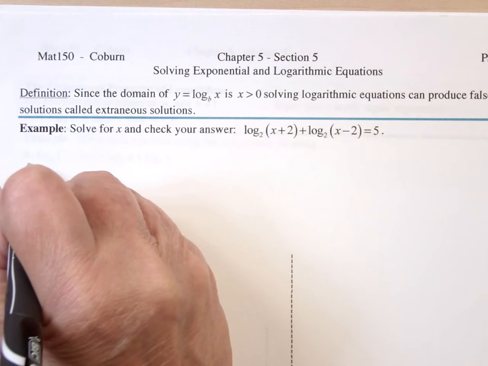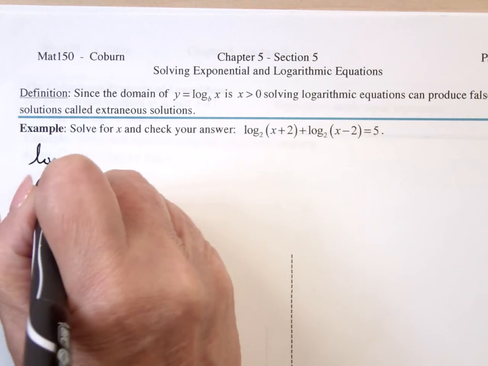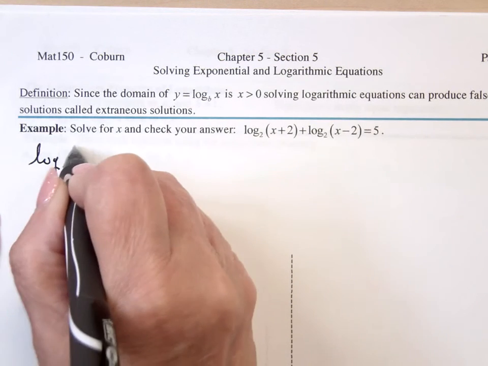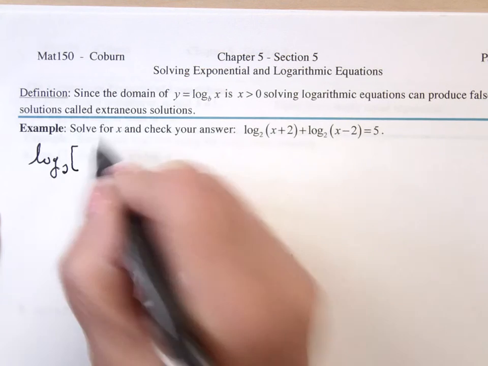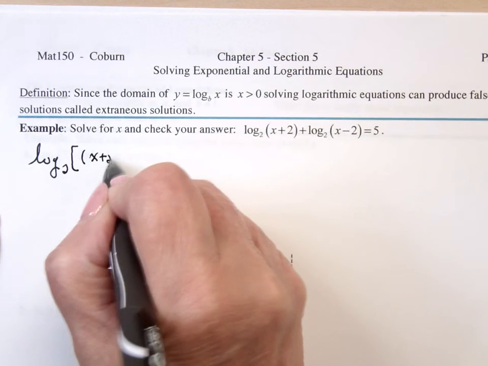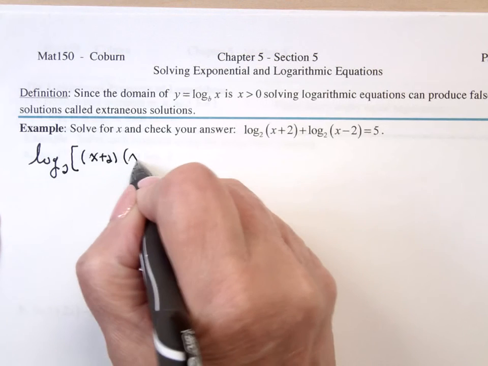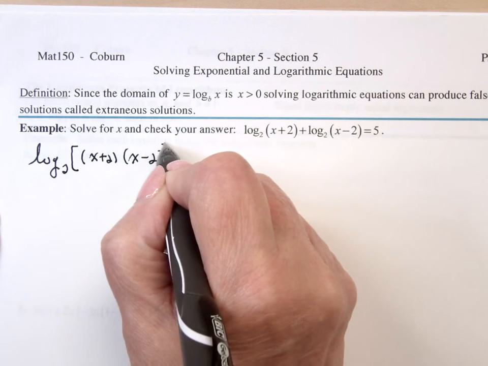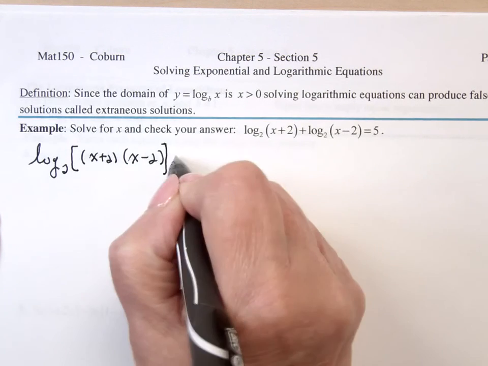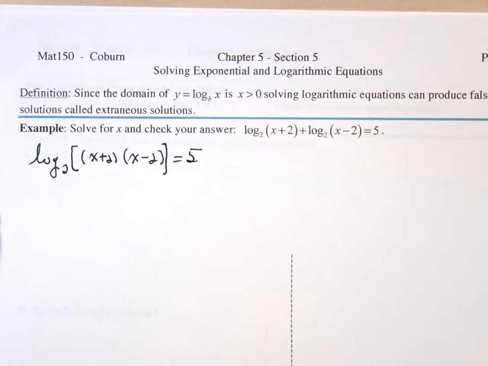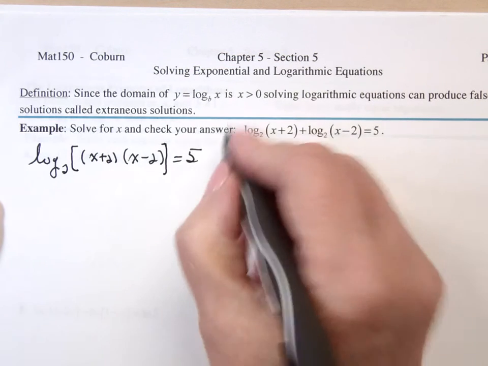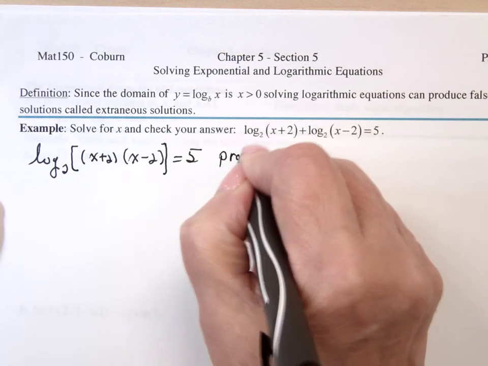So I need to bring these two together first. So this becomes log base 2 of x plus 2 times x minus 2 equals 5. And this is properties of logs.